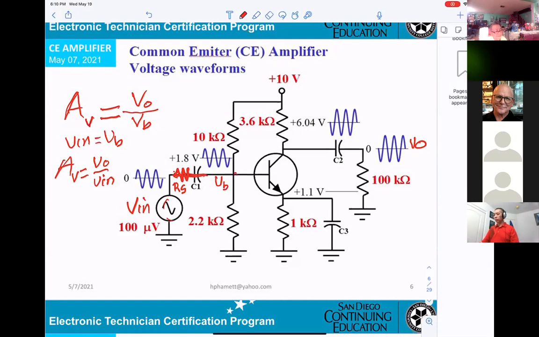The thing is, they get a difference across the RS. If you don't have an RS, the capacitor is just shorted, and V in or VB is just 1 volt. But now you have the RS, only telling me V in and VB are not the same.